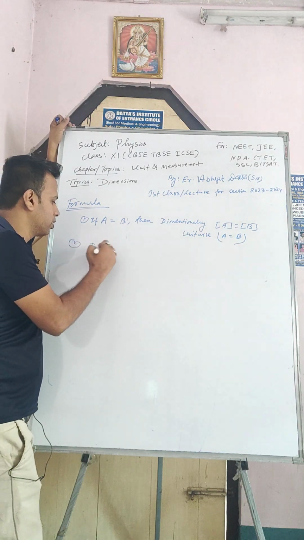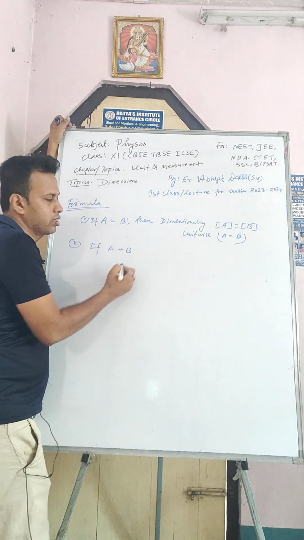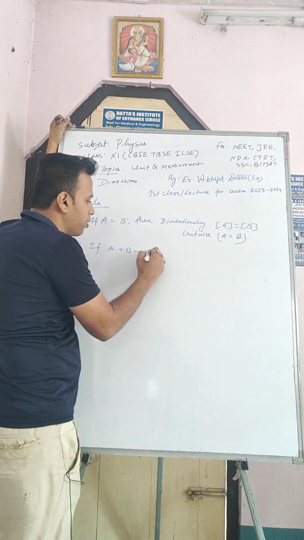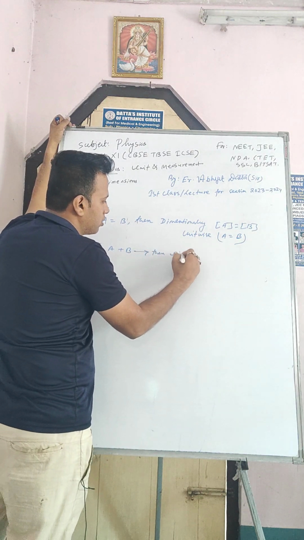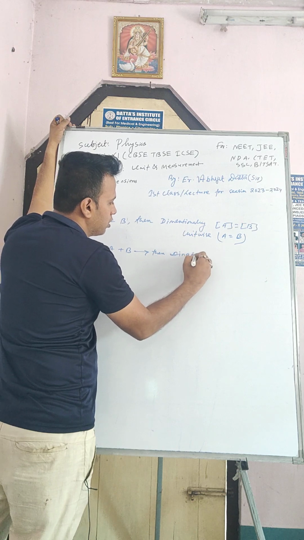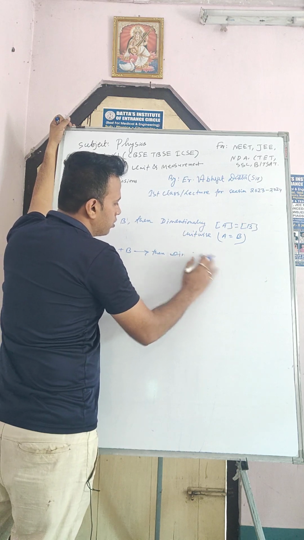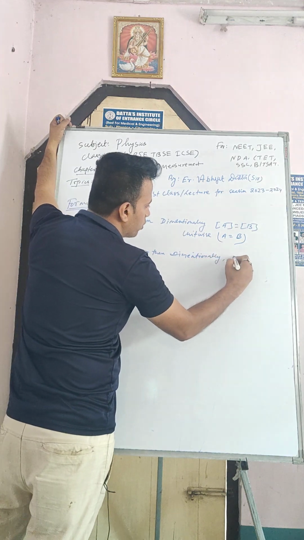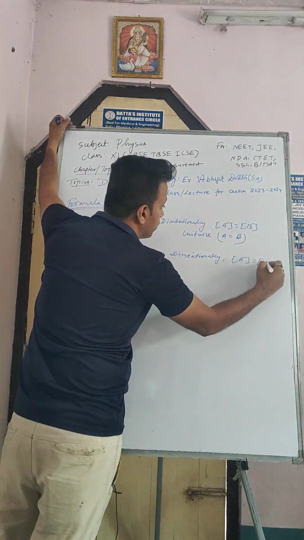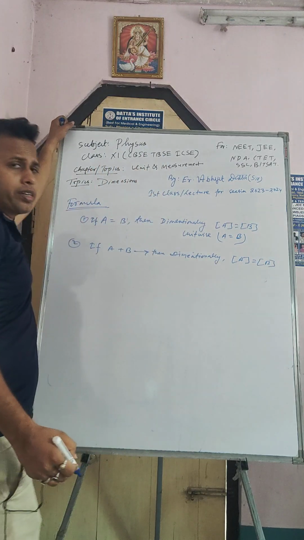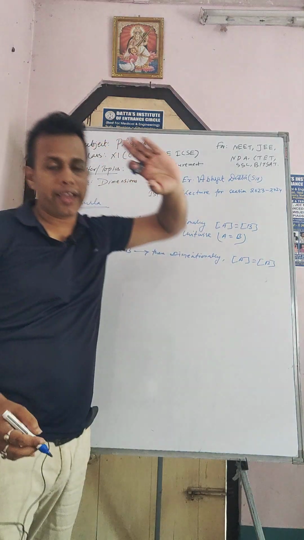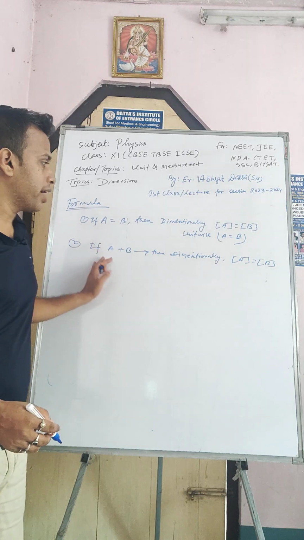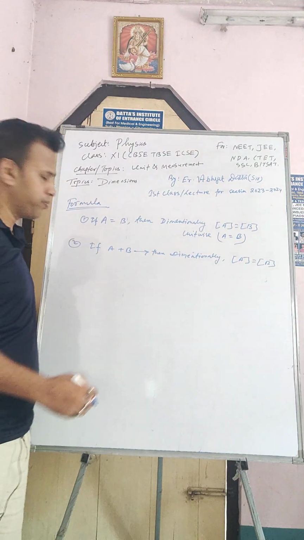If A plus B is in an expression, then it implies dimensionally that the dimension of A equals the dimension of B. If two physical quantities do not have the same unit and the same dimensions, you cannot add these terms.